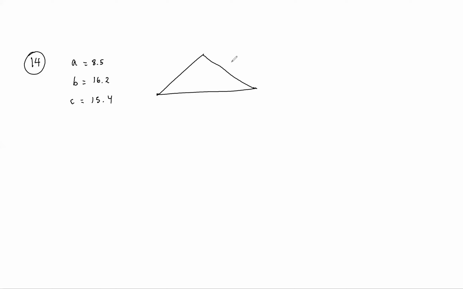And the last question. We know the triangle is like that: A, B, and C. And they're asking for the area.